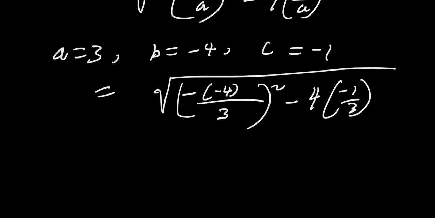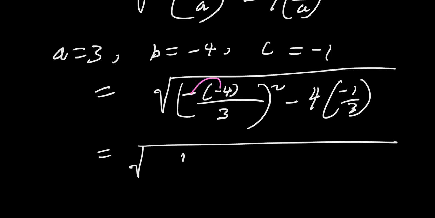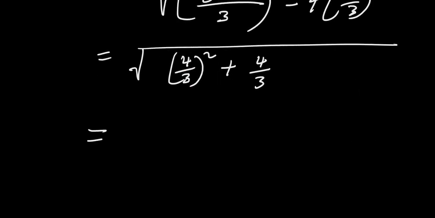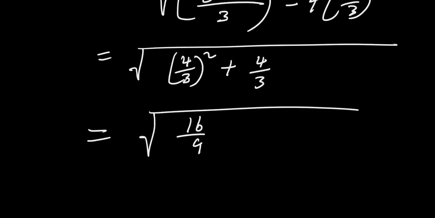So remember, this negative sign, we simply multiply this, and that automatically will become positive. So this will now become 4 over 3 squared negative 4 times negative 1/3. That gives you positive 4 over 3. So 4 squared is 16, and this will become 16 over 9 plus 4 over 3.